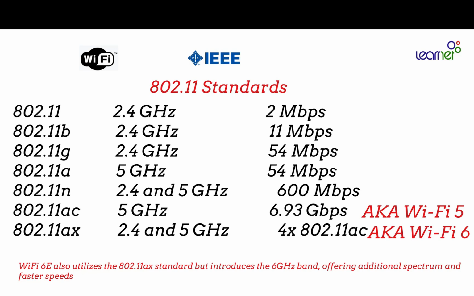Wi-Fi 6E also uses this standard number, but it uses the 6 gigahertz band and it can provide much more bandwidth. And Wi-Fi 7 is the newest generation of this family, which is supposed to be released in 2024.